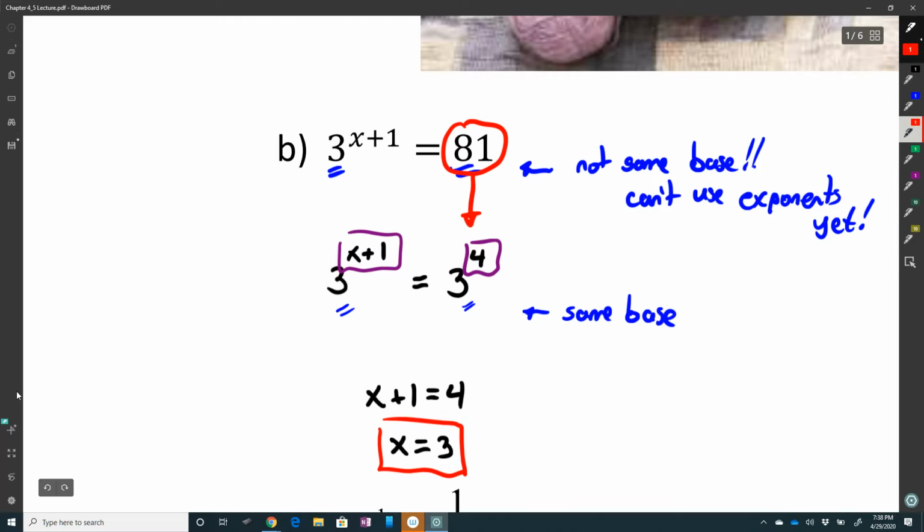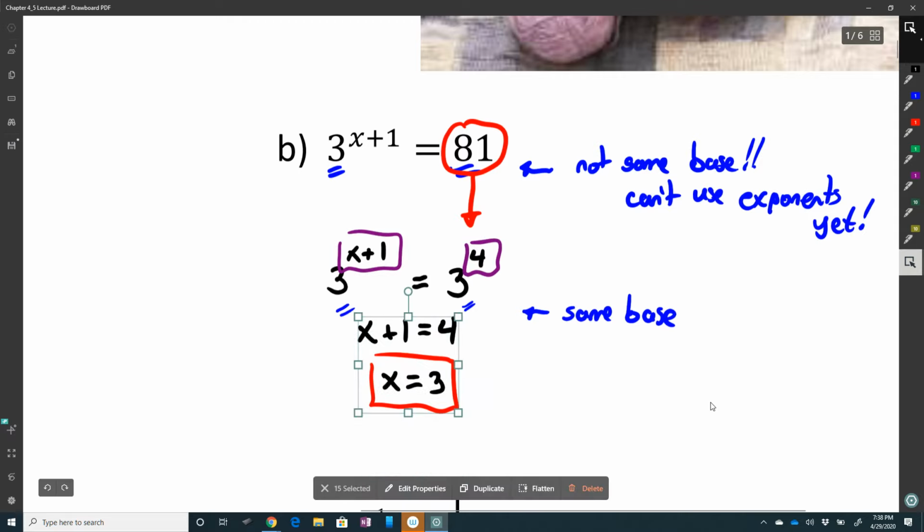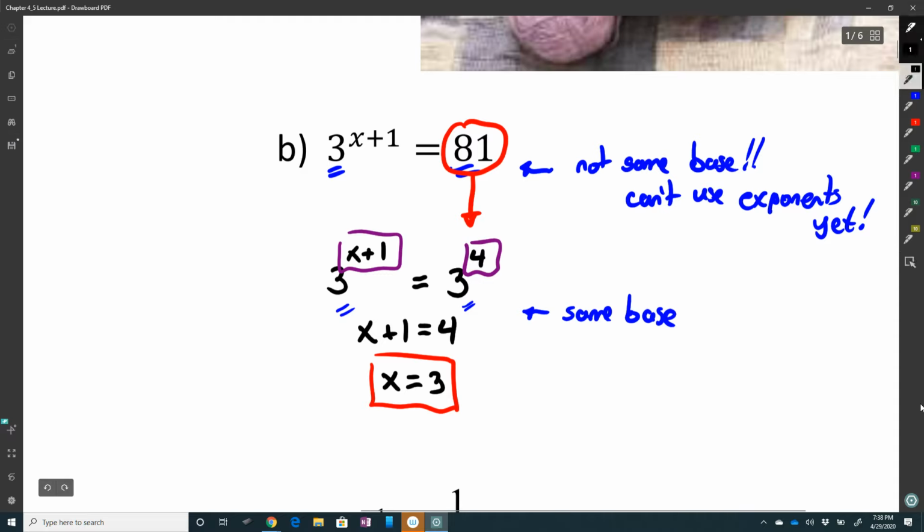So as far as powers go, there's some powers that you kind of have to get used to seeing because, well, you'll see them a lot. For powers of 2, there's 2, 4, 8, 16, 32, 64, and so on.